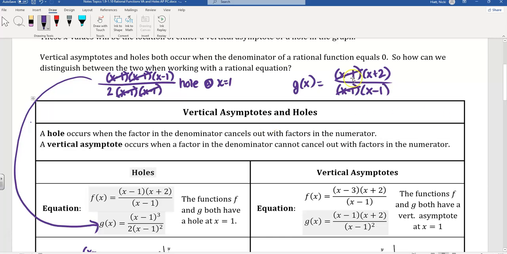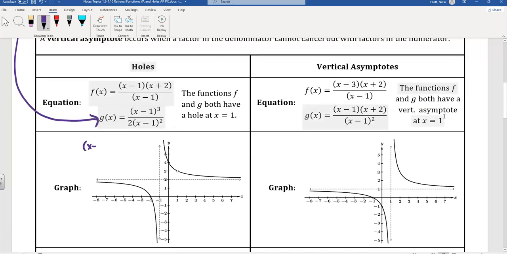So, yes, these canceled. There was supposed to be a hole at 1, but there's also supposed to be a vertical asymptote at 1. And vertical asymptotes sort of trump holes there. So if you have a place where there is both a hole and a vertical asymptote, it's just a vertical asymptote for that. Okay, does that make sense?